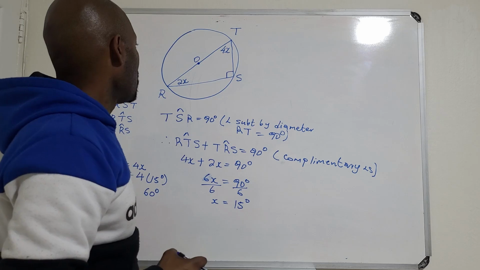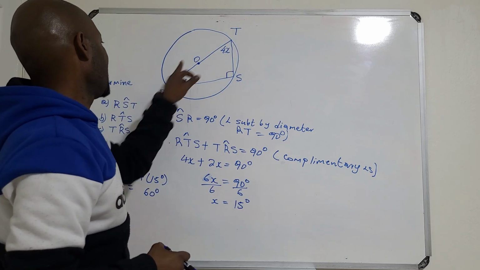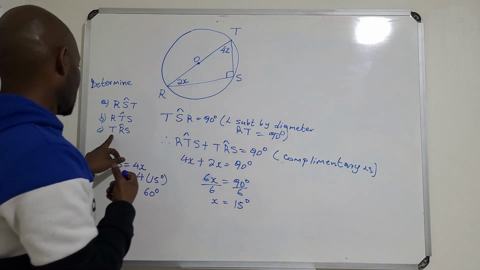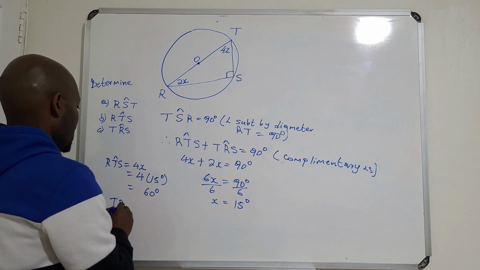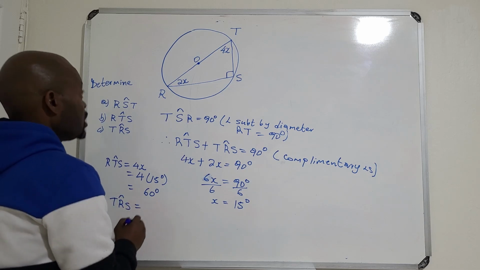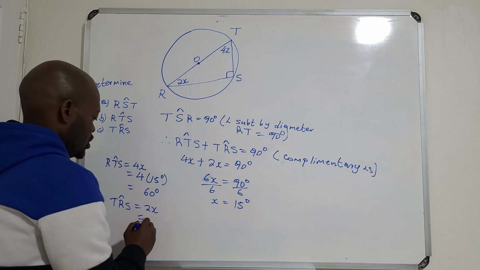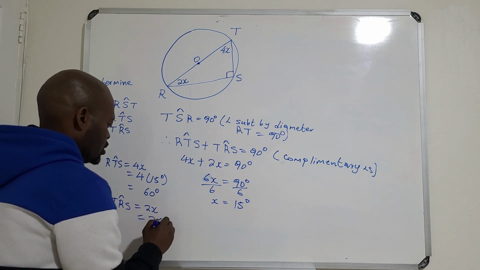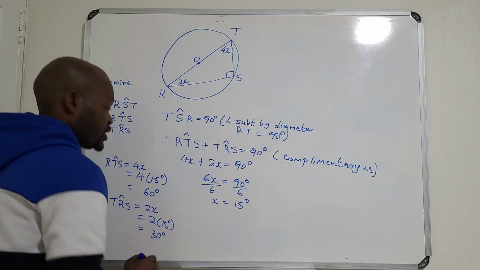Now, we can also find our angle TRS, which is what we are looking for. Angle TRS is equal to 2x, which is equal to 2 times 15 degrees, which is equal to 30 degrees.